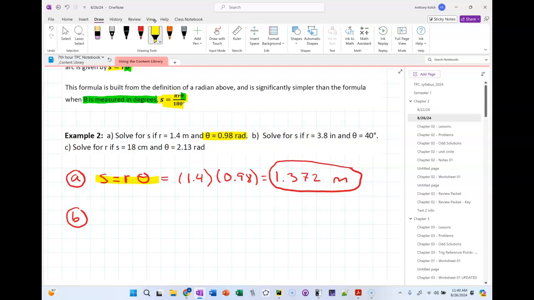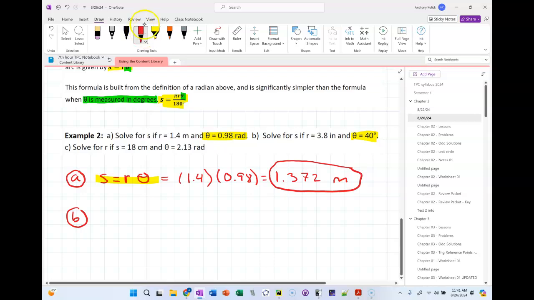All right, if I look at part B, solve for S if R is 3.8 inches and theta is 40 degrees. I notice because I'm in degrees, this time I'm going to use the other version.